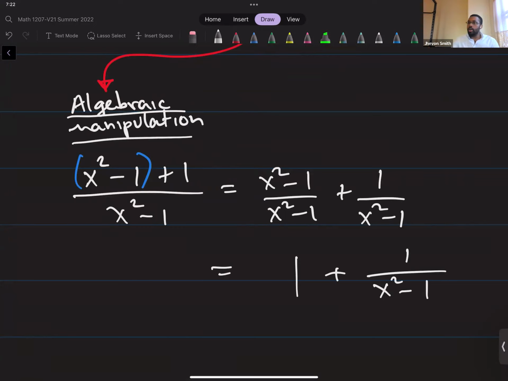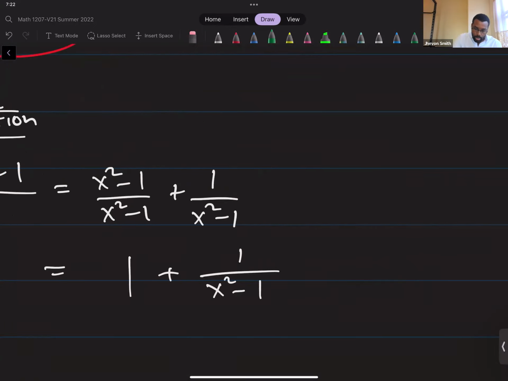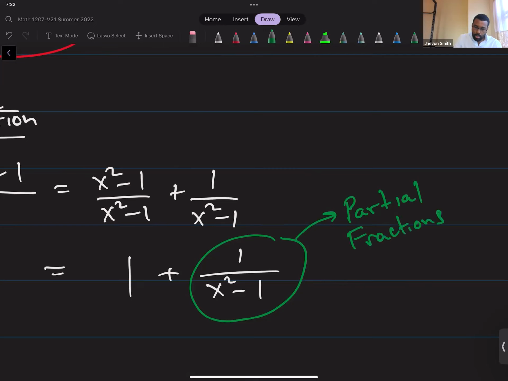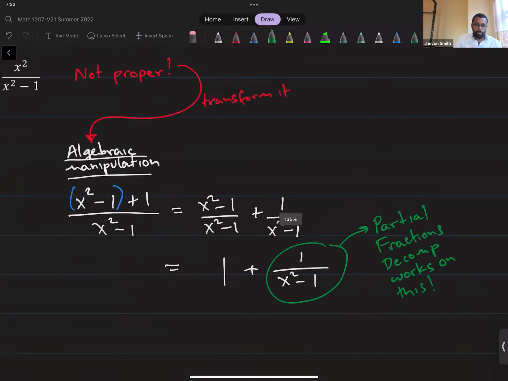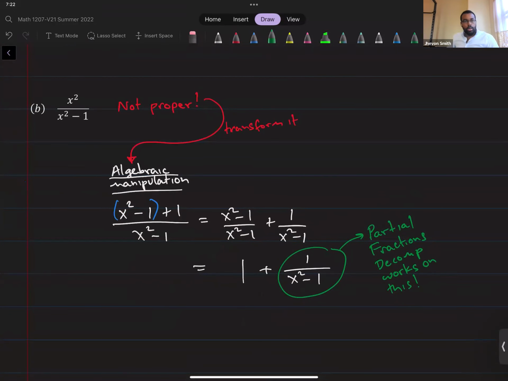And so now I can do partial fractions on this guy. How do I know it works on that?